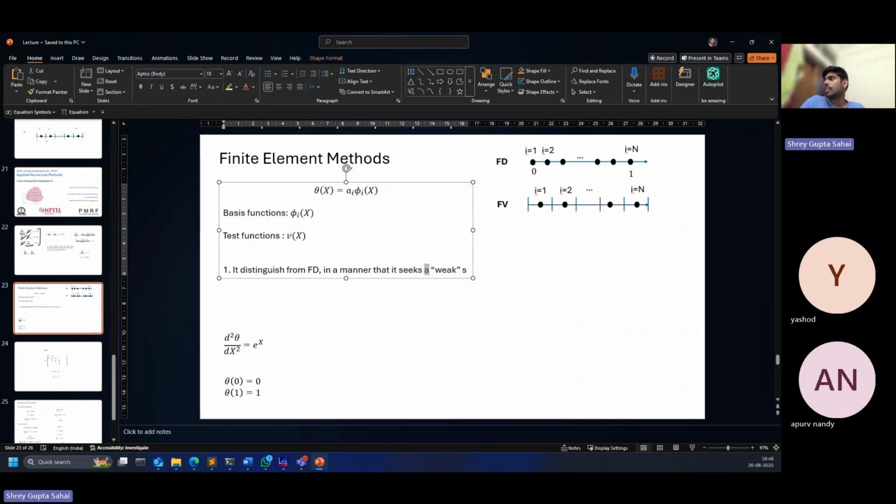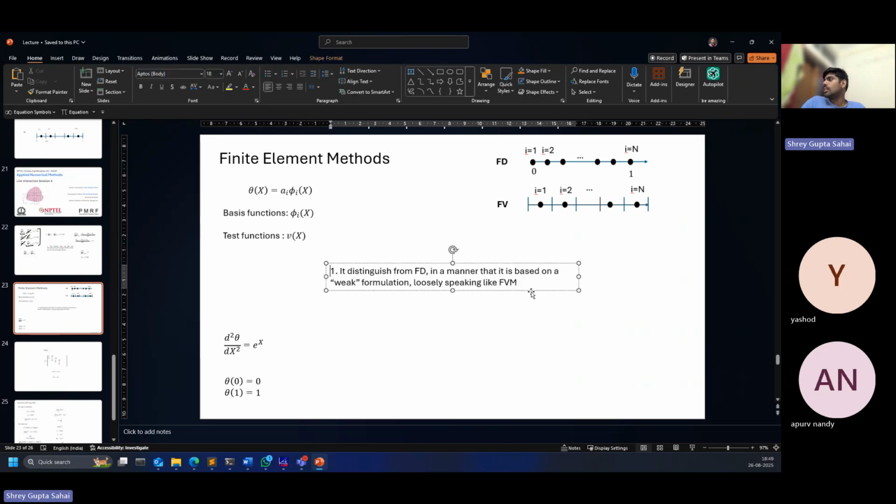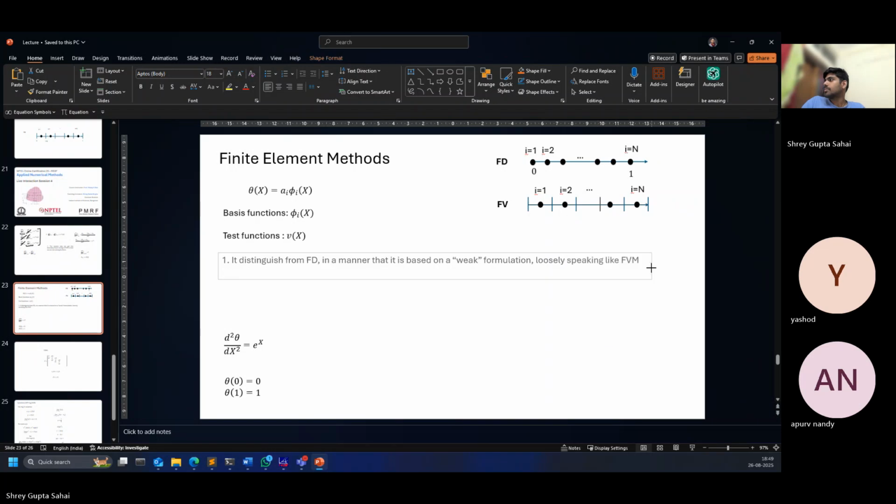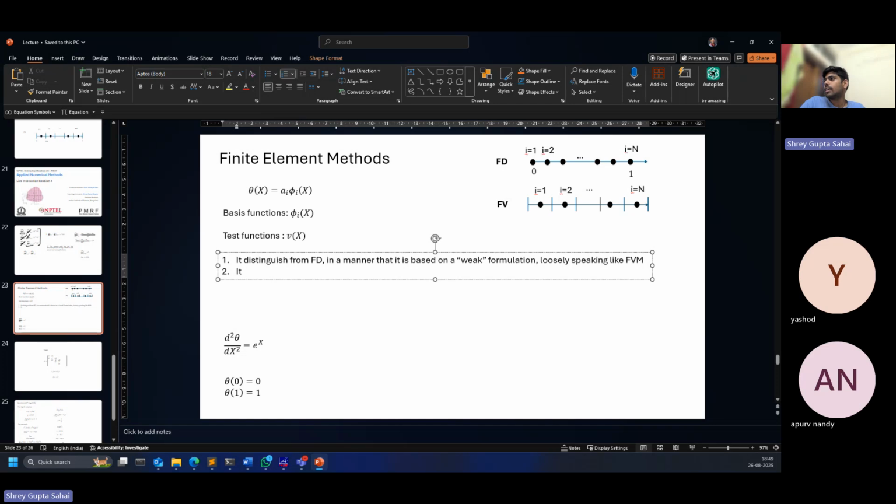It is based on a weak formulation, loosely speaking like the finite volume method. Let me just write this thing down and then tell you what I mean by that.